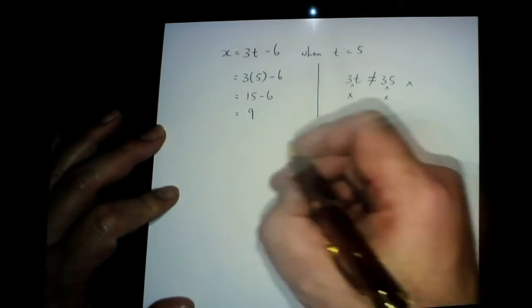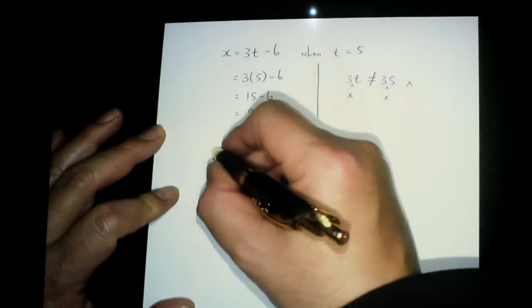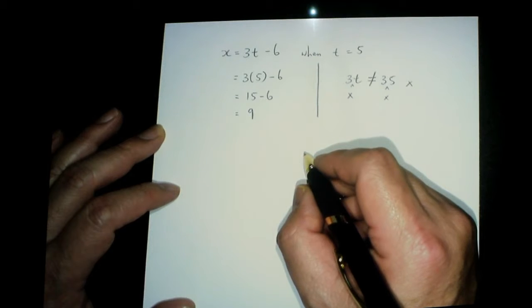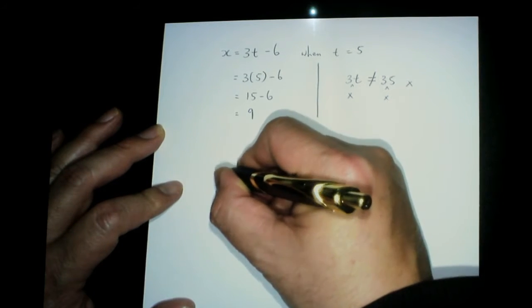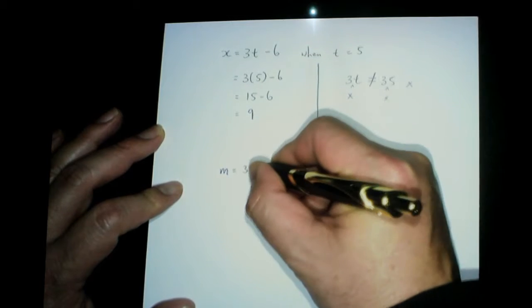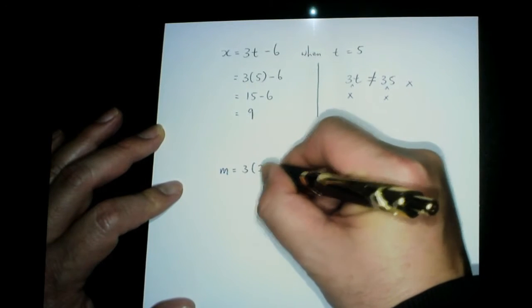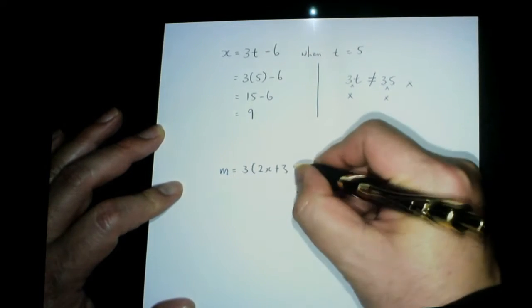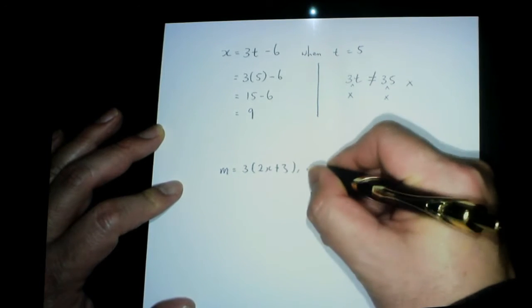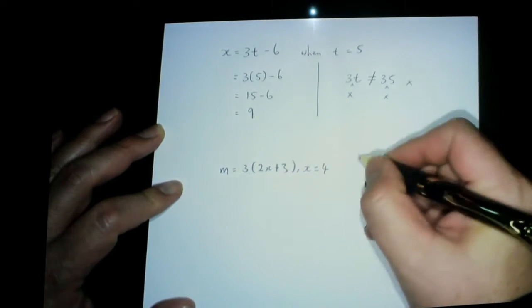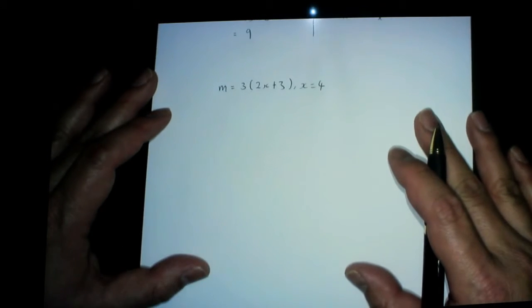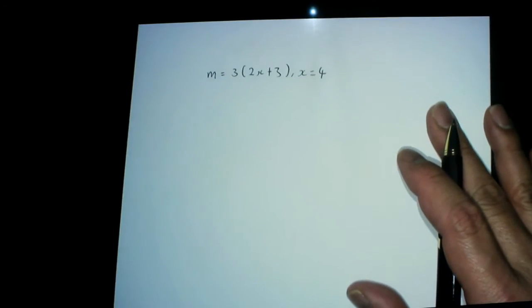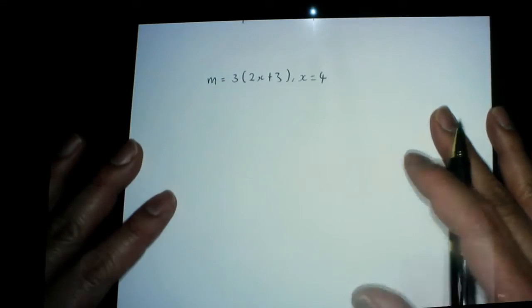Moving on to example number 10, we have a situation whereby m is equal to 3 bracket 2x plus 3 close bracket, where x is equal to 4. So we are supposed to substitute x equals 4 into the equation. So how do we go about doing that?